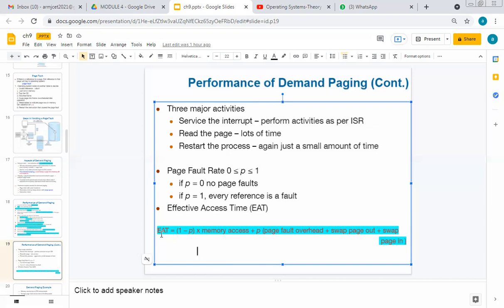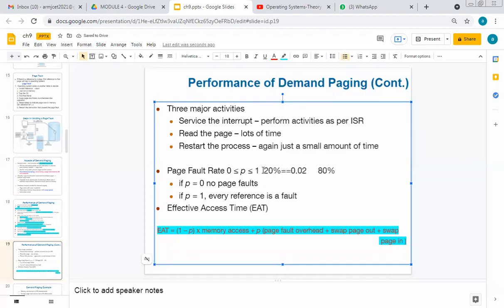How to calculate the effective access time: it is 1 minus p, and p. Something like a 20% possibility of page fault, that means p is 0.2, and that we have to substitute in the memory access. If 20% is missing, what is the possibility of the rest? They will not give both; either part will be given.